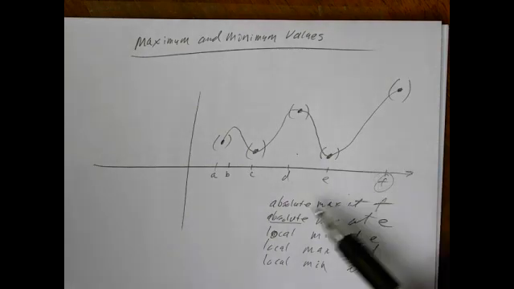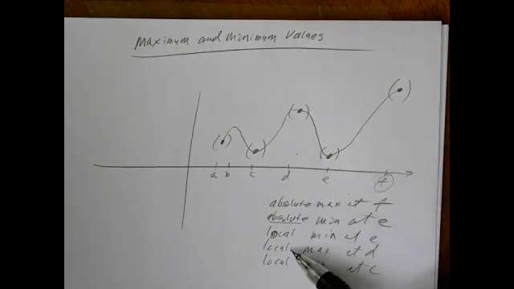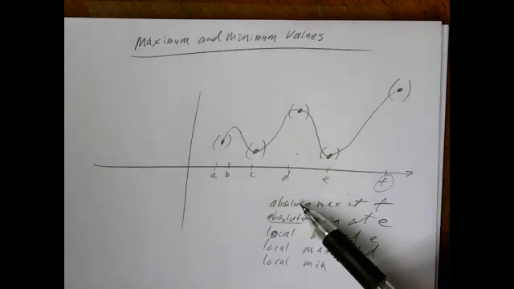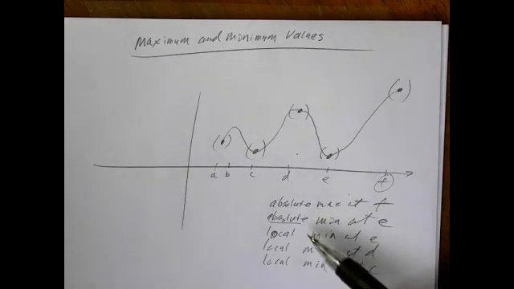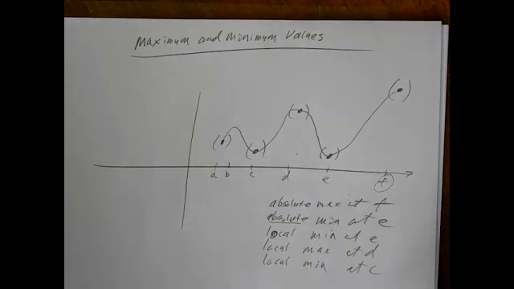Notice that an absolute max may be a local max, but it doesn't have to be. A local could be an absolute, but doesn't have to be. So an extremum can be one, it can be the other, it can be both, but it doesn't have to be both. All right, so be aware of that.